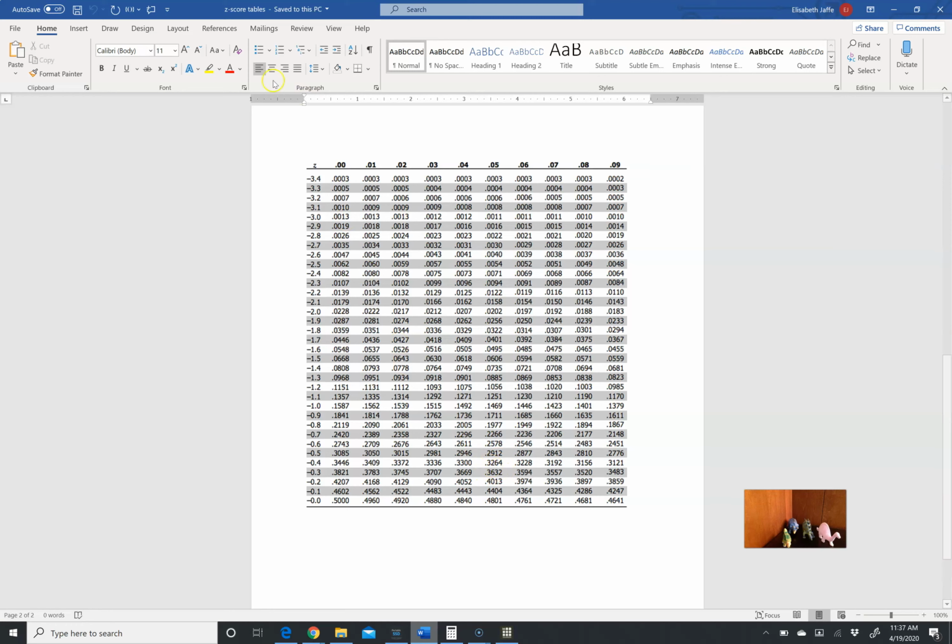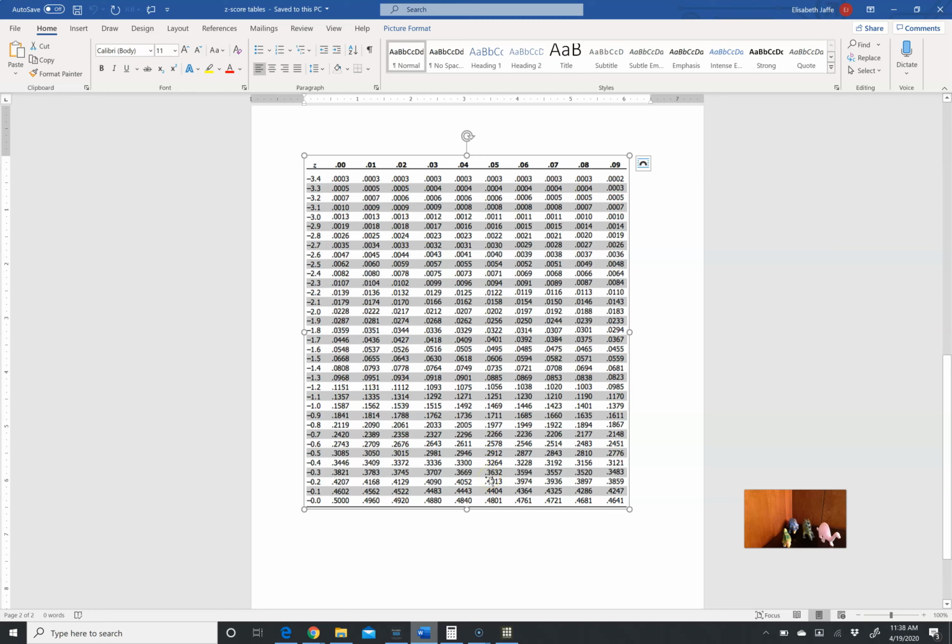Okay, let me see if I can highlight it. Nope, can't highlight it. Okay, but it's right here at 0.3632. Hopefully you can see the mouse moving. I'm sure that there's a way to highlight it. I just don't know how.